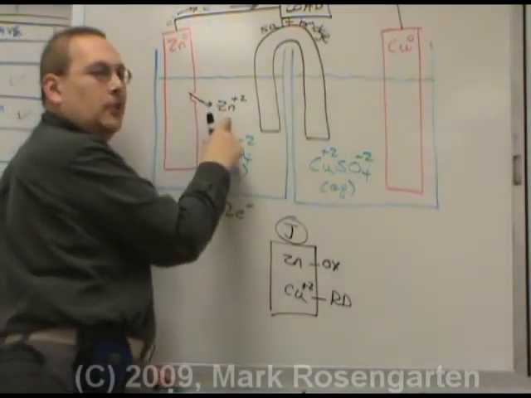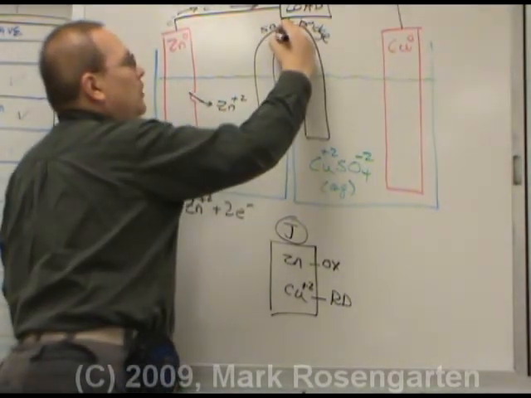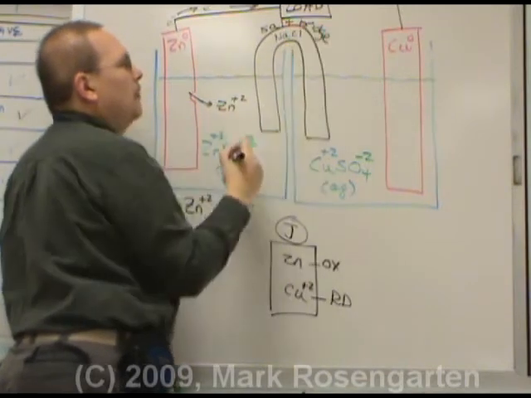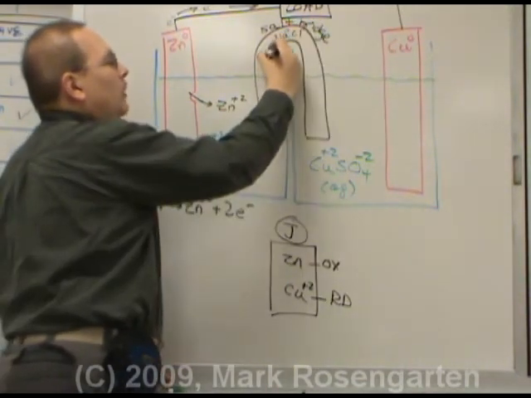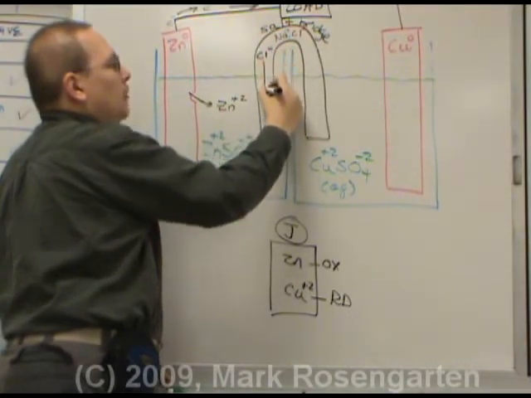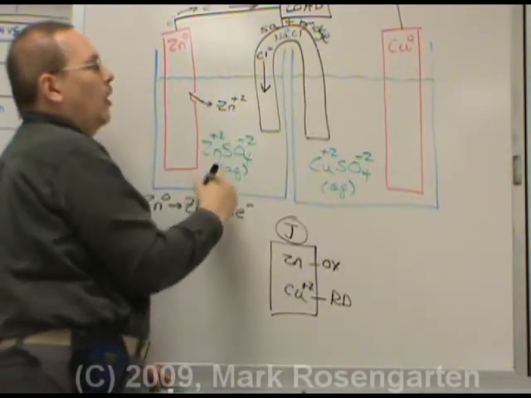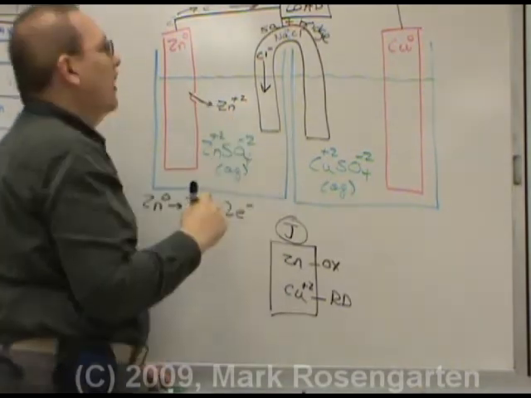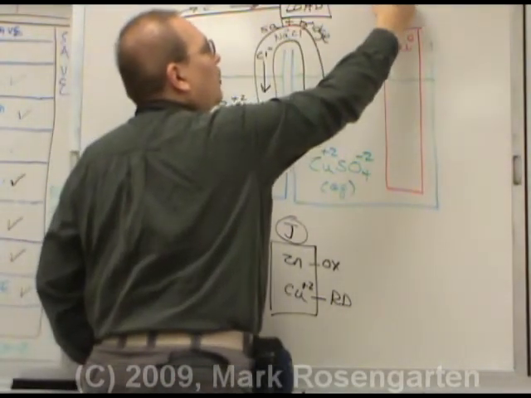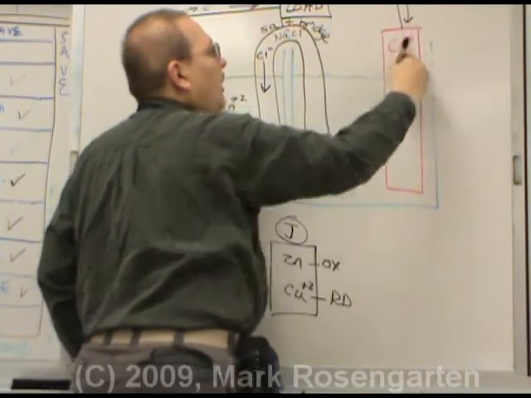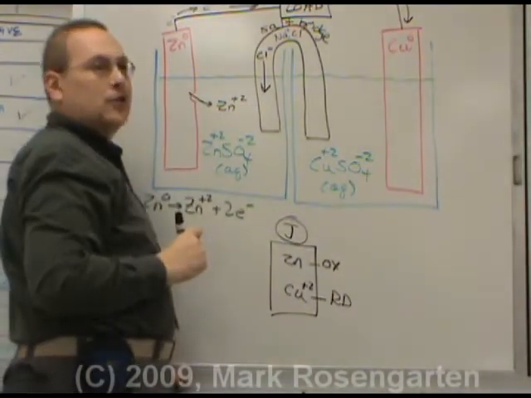When the zinc plus 2 goes into solution, if we're using sodium chloride as our salt bridge, Na being positive, chloride being negative, the negative chloride ions go through the salt bridge in this direction to help cancel out the zinc. After the load is finished using the electrons, they get pulled through the wire into the copper strip.